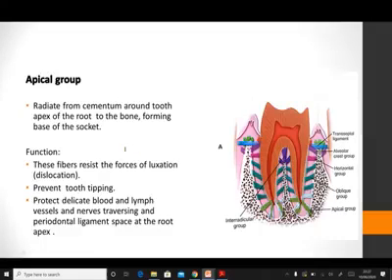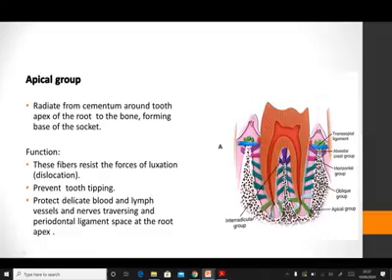They also prevent the tipping forces on the tooth, whereas another major function is also to prevent the root from touching the base of the socket. So it maintains a healthy space between the root apex and the socket base, and that is how it protects the delicate blood vessels, lymph vessels and nerves entering the pulp of the tooth and within the periodontal ligament at this region, at the root apex, from collapsing.